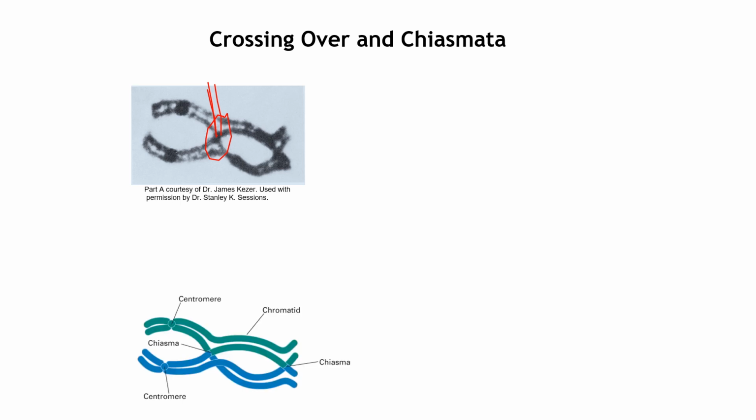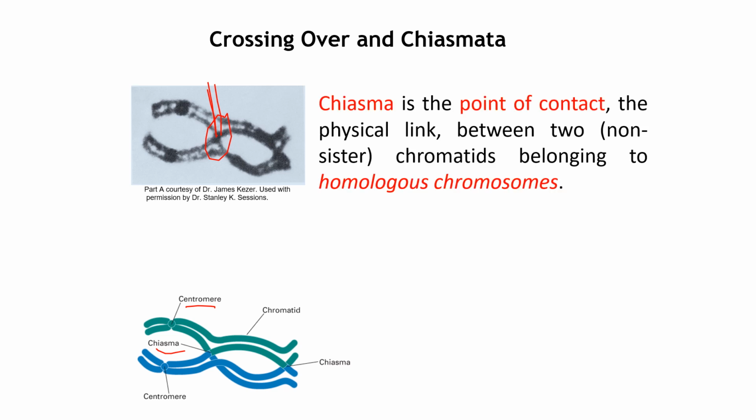Remember, centromere is different from centrosome. Here you find this structure, the chiasma. The chiasma is the point of contact, the physical link between the two non-sister chromatids that belong to the homologous chromosomes.